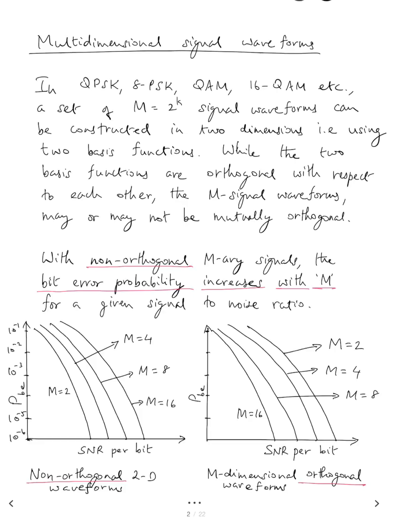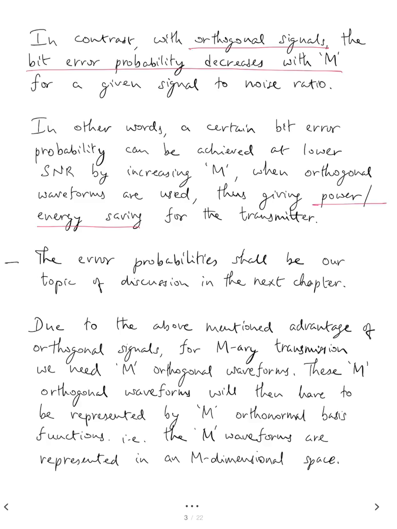Increasing m increases the error probability, but with orthogonal waveforms, increasing m decreases the error probability for a given signal to noise ratio, or to achieve a particular target error probability with orthogonal signals, we require a lower signal to noise ratio for a higher value of m. So that gives us a kind of power saving for our transmission system, for our transmitter. So that is what we have mentioned here.